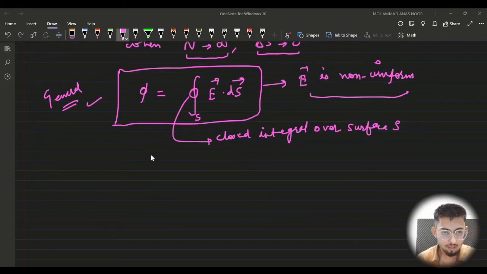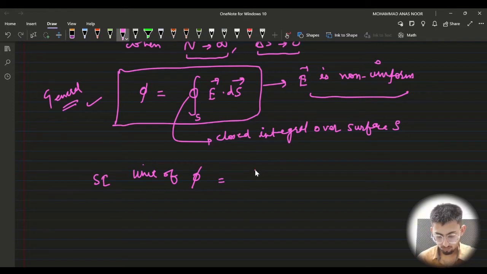Next, the unit of electric flux. What should be the unit? Electric field is what? Newton per coulomb, right? And area is meter square. Simply, you can say the unit is Newton meter square per coulomb.